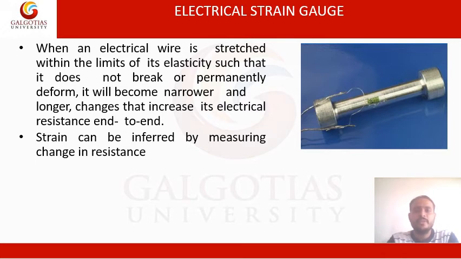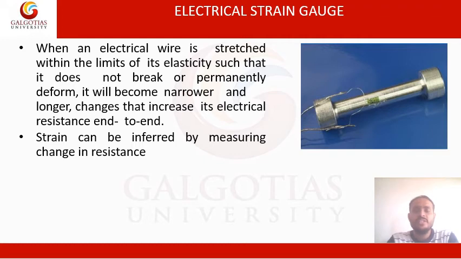Ultimately its resistance changes. How? Let us see. As we know, resistance R equals rho times L by A, so when the length or the area is changed, the resistance of the conductor is changed. And as the resistance of the conductor changes, its output will change.